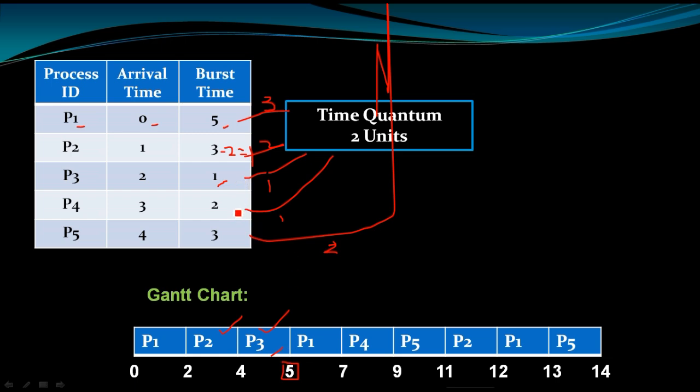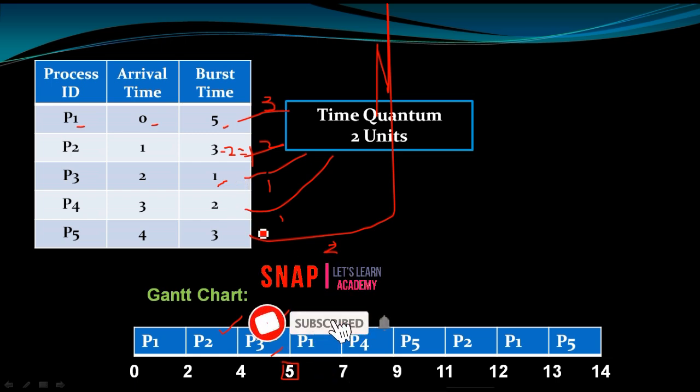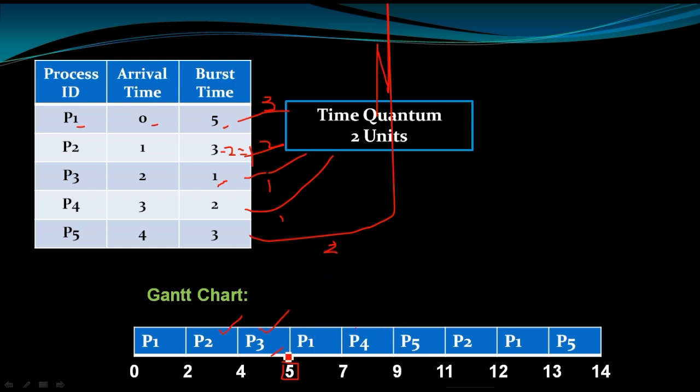Next, P4 gets the next time quantum. See, after P3 there is a P1 in the Gantt chart. Why so? Because we have already mentioned the arrival times.